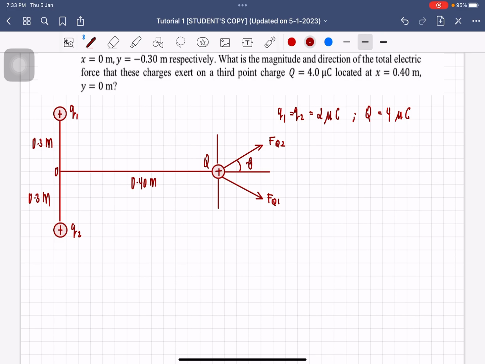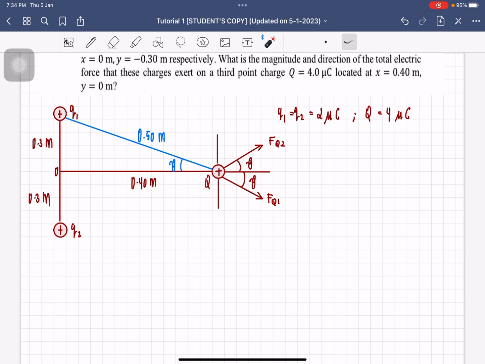Since we are going to look at the direction, the distance between the charges and the point charge, this bit here, is equal to 0.5 meter. Where did I get that? It is from trigonometry. And this angle here is theta, and it should have the same value for both.